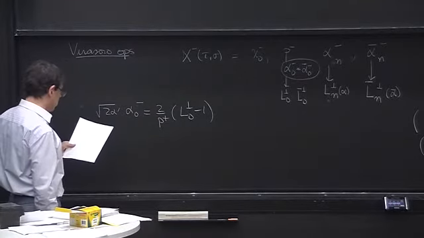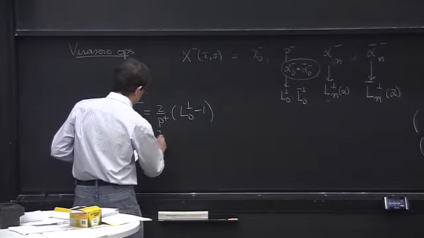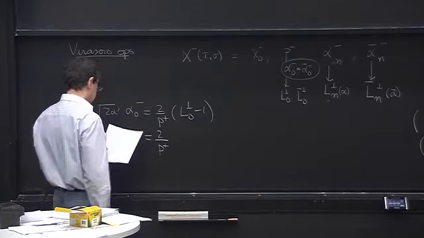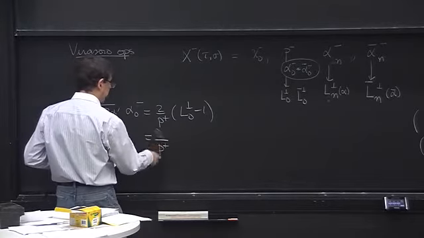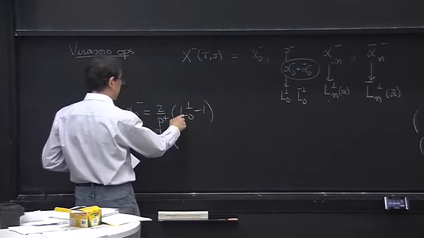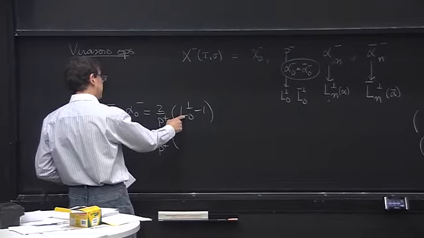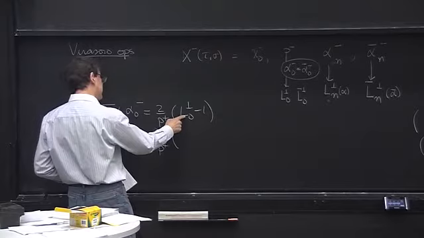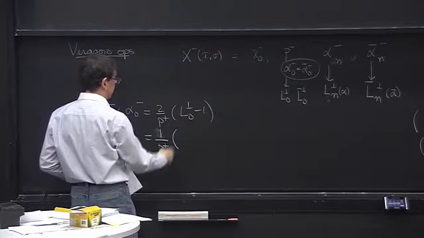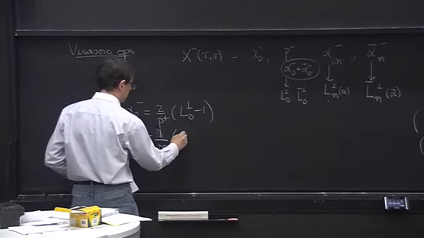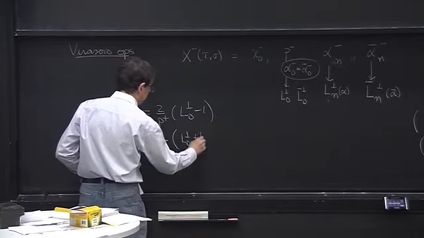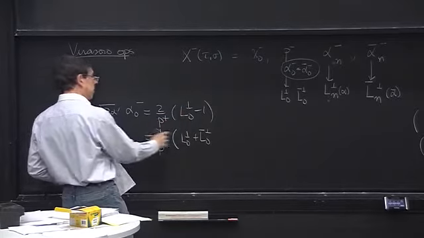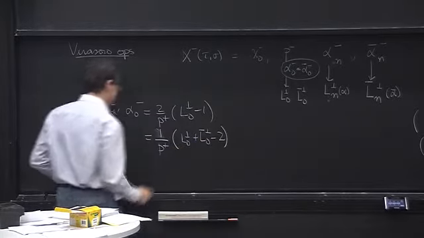So what people do is they take 1 over 2 p plus, I'm sorry, and instead of L0 perp, put 1/2 of L0 perp plus L0 bar perp to make it symmetric, because they're equal. So you put L0 perp plus L0 bar perp. This gives you twice this, and the 2 is here, minus 2. So that's the same formula.